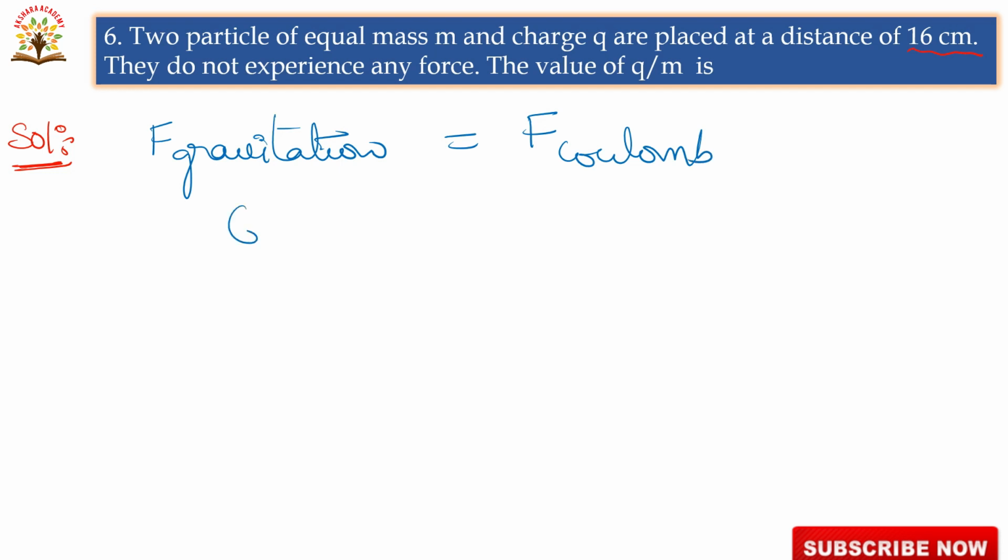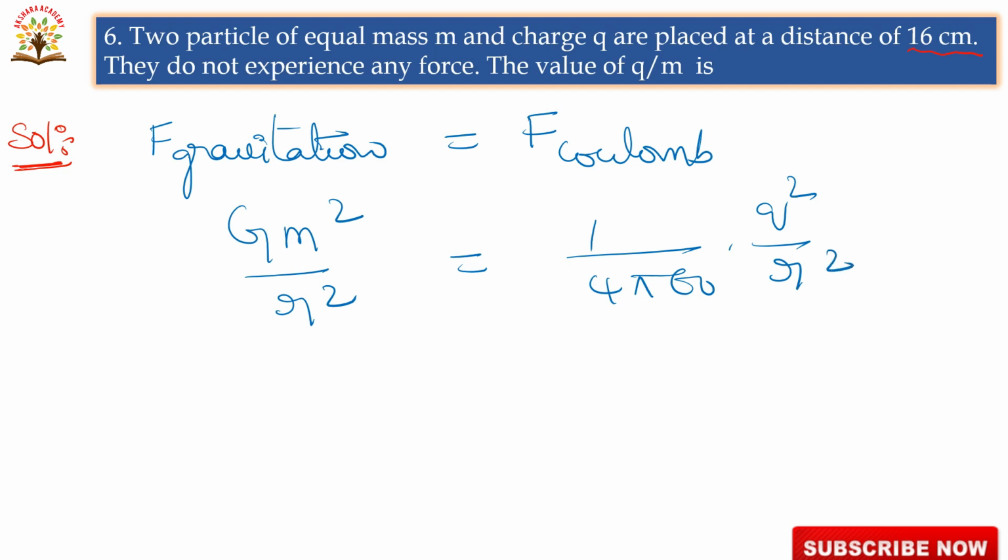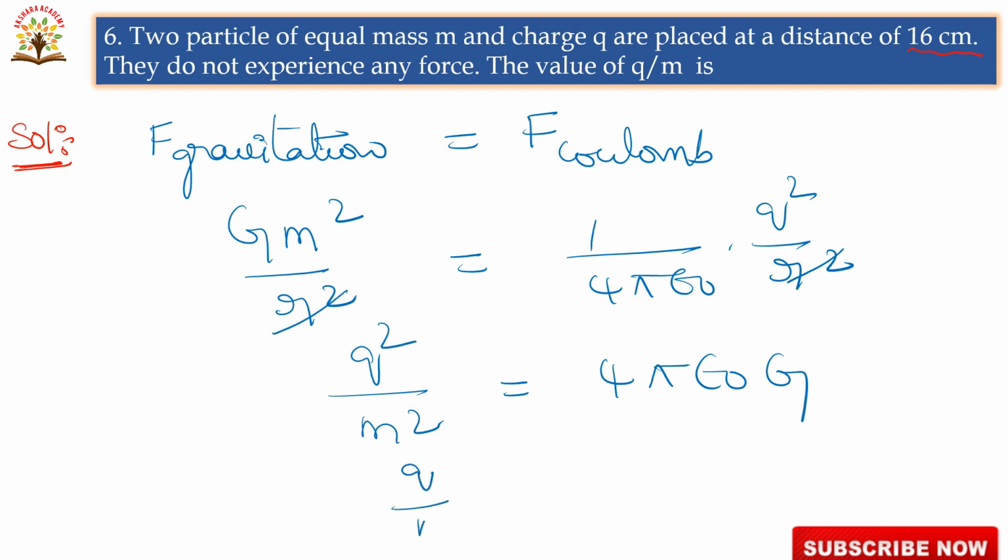So G m square by r square is equal to 1 by 4 pi epsilon naught into q square by r square. R square gets cancelled. Now q square by m square is equal to 4 pi epsilon naught into G. So this can be written as q by m is equal to, the square going to the other side becomes under root, so root of 4 pi epsilon naught into G. This is the ratio or value of q by m.